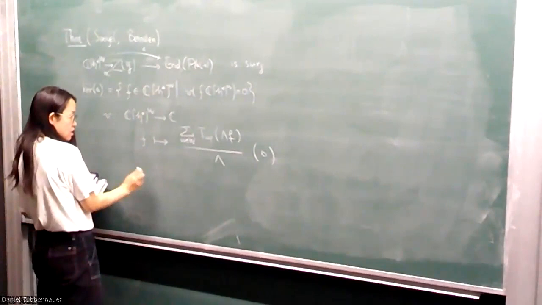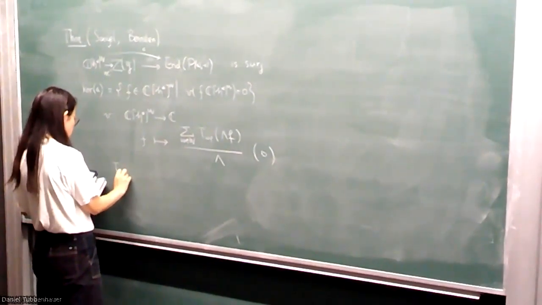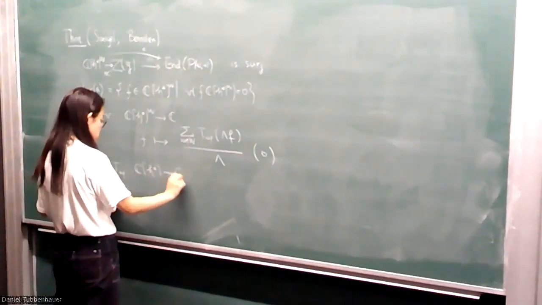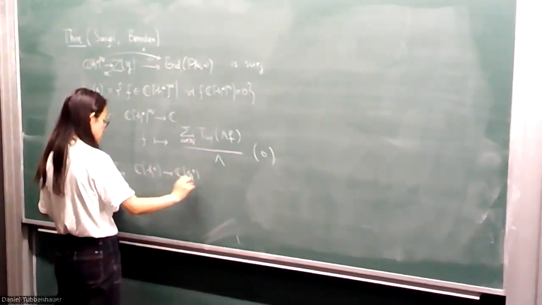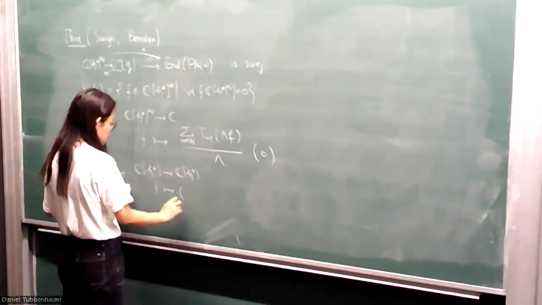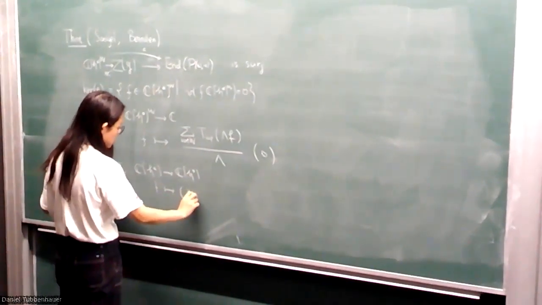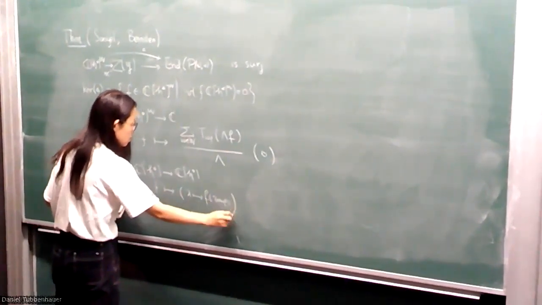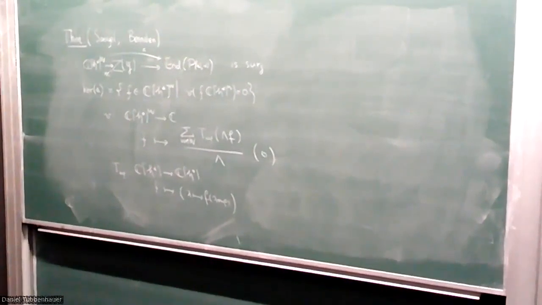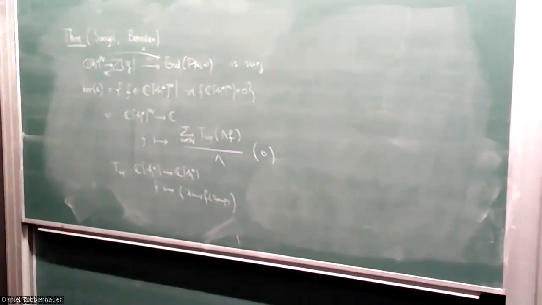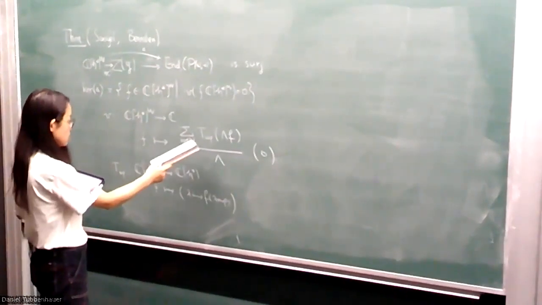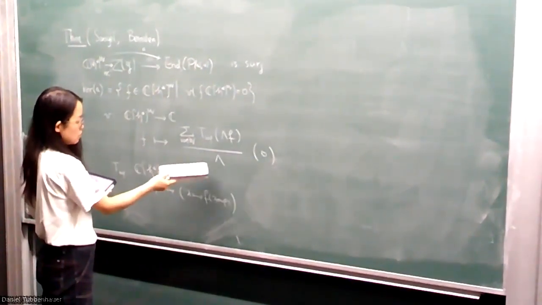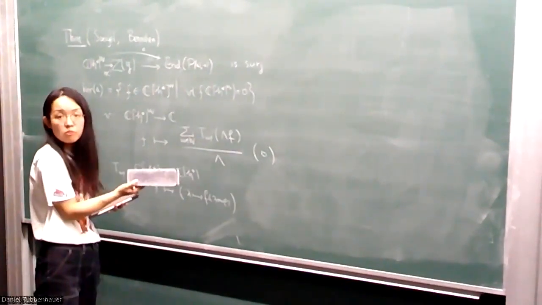So here T_{w rho} is just you shift the function from C[h*] to the function whose value at lambda is equal to f of lambda plus w rho. Okay, so you take the sum of all these shifts, then you divide it by the product and you evaluate this thing at 0.